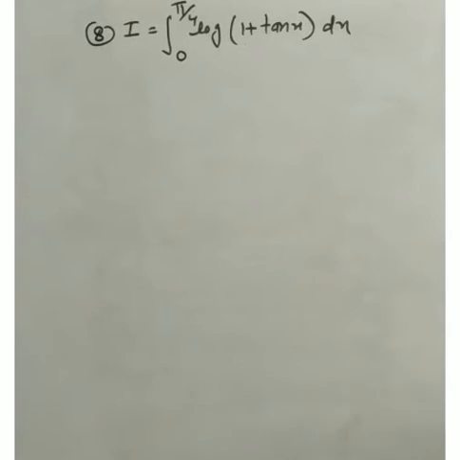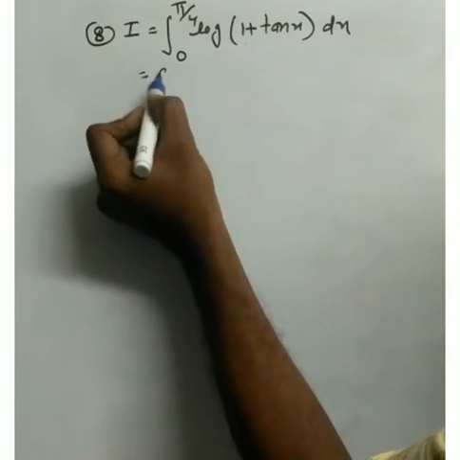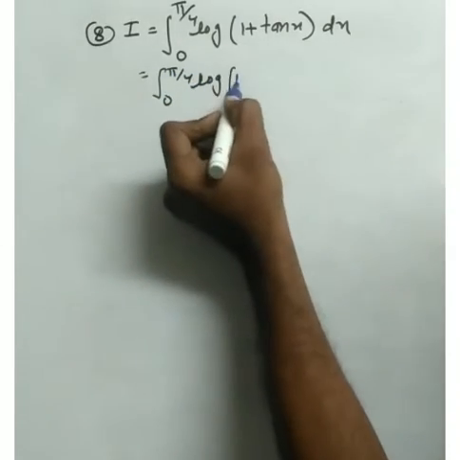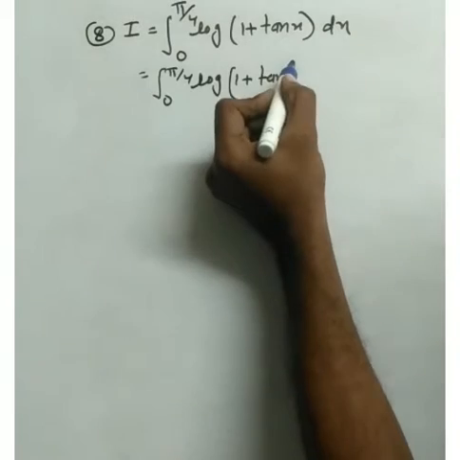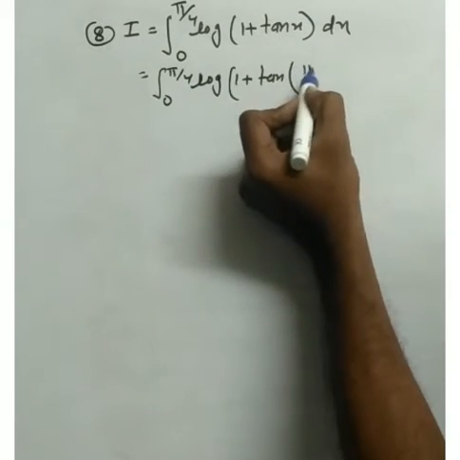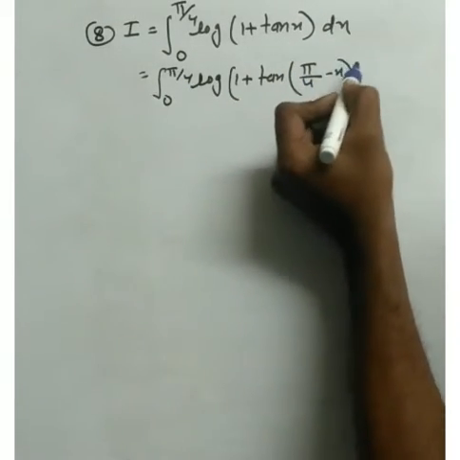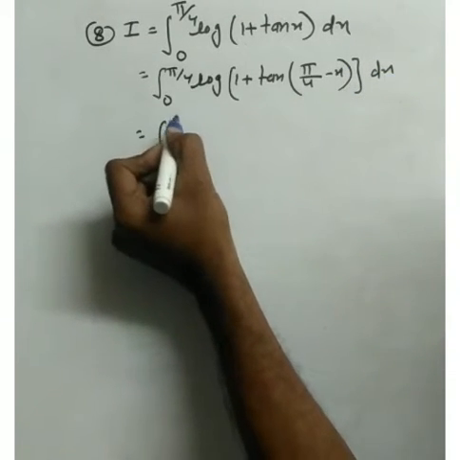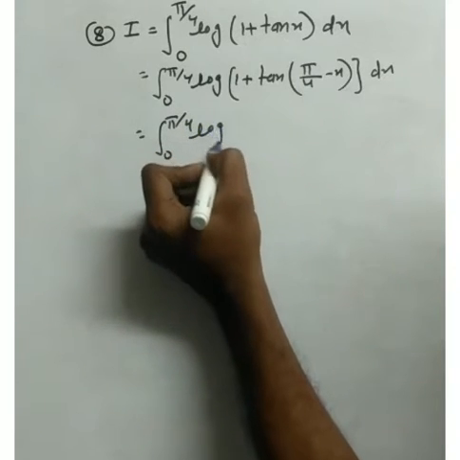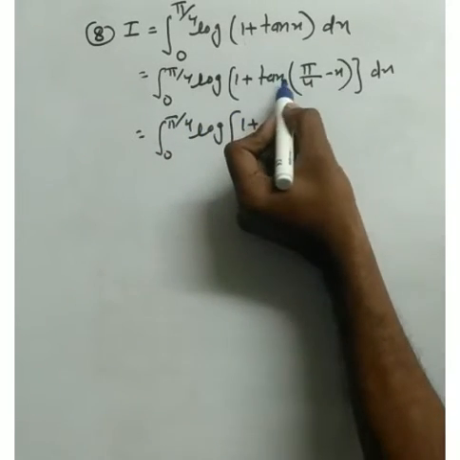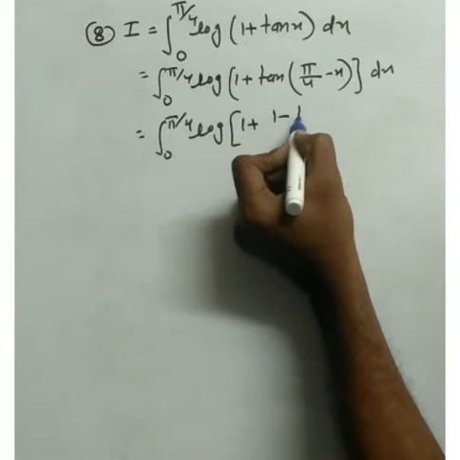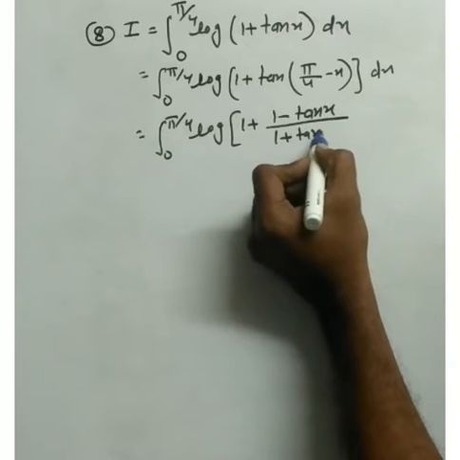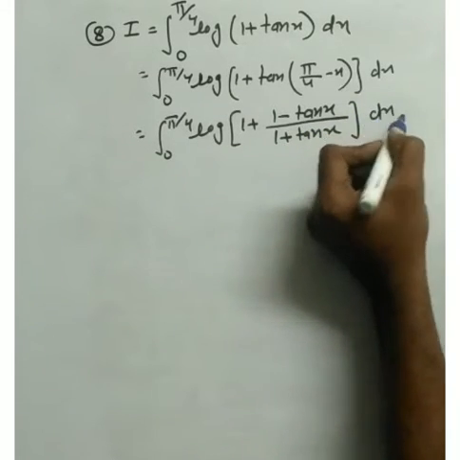Here we'll apply the property of a minus x. Integral from 0 to pi by 4 of log of 1 plus tan x, x will be pi by 4 minus x, and dx. This is integral from 0 to pi by 4 of log of 1 plus tan(pi by 4 minus x), which is 1 minus tan x upon 1 plus tan x, and dx.